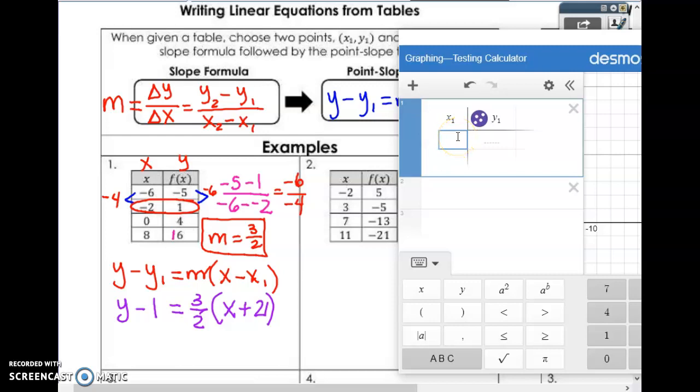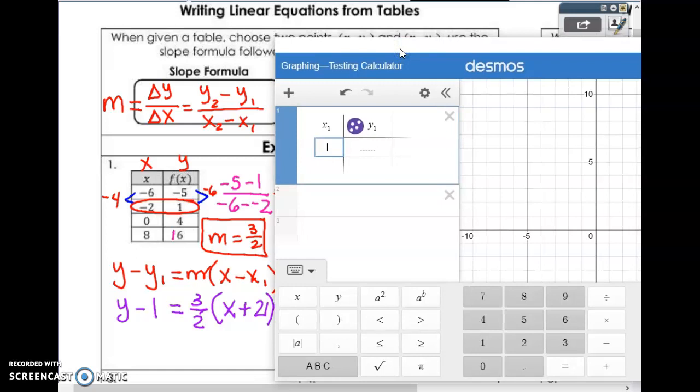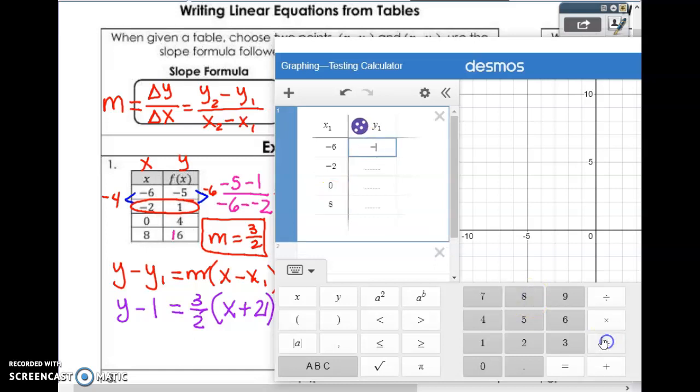Okay, my numbers are, let's see, negative 6, negative 2, 0, 8, and then on the other side I have negative 5, 1, 4, and 16.